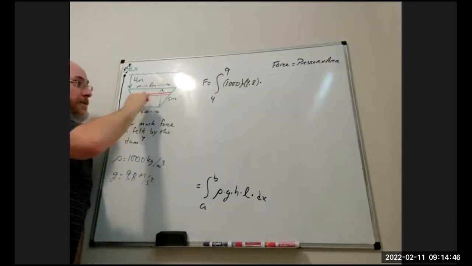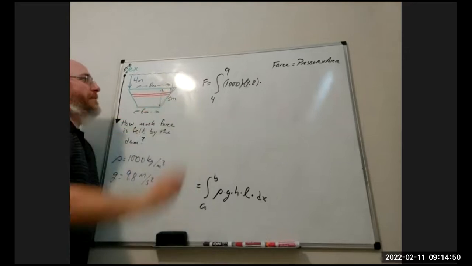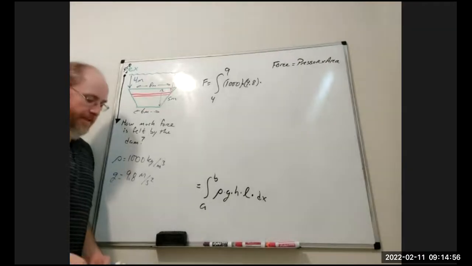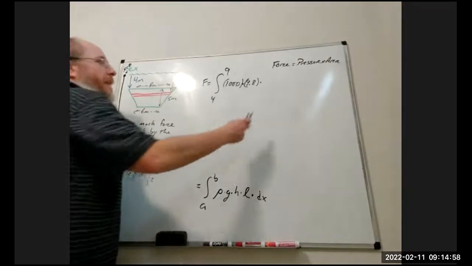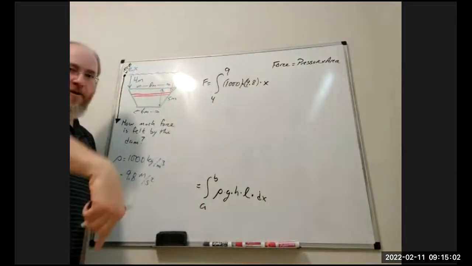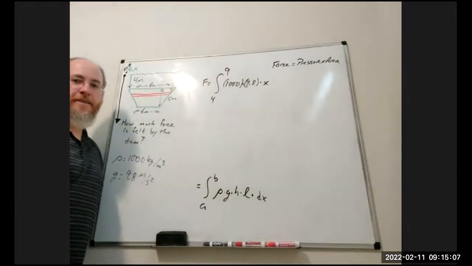It depends which of the strips we're in. But I'm just going to say that that is X meters down. Okay, this is the real reason that I go with the top of the water being 0 and positive going down, is so that my depth is always X.